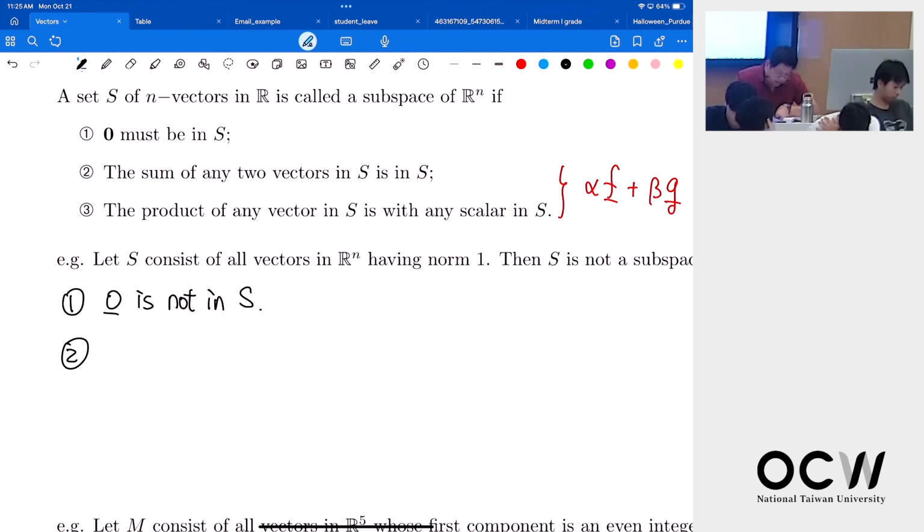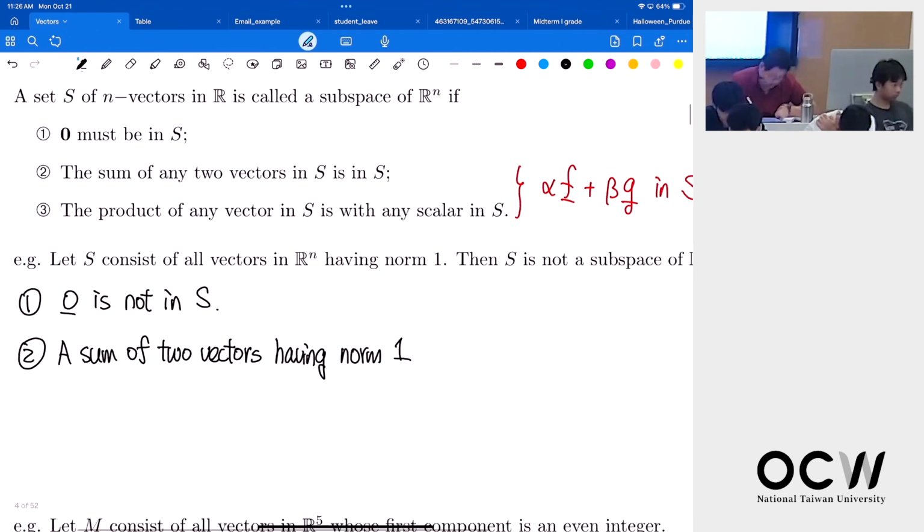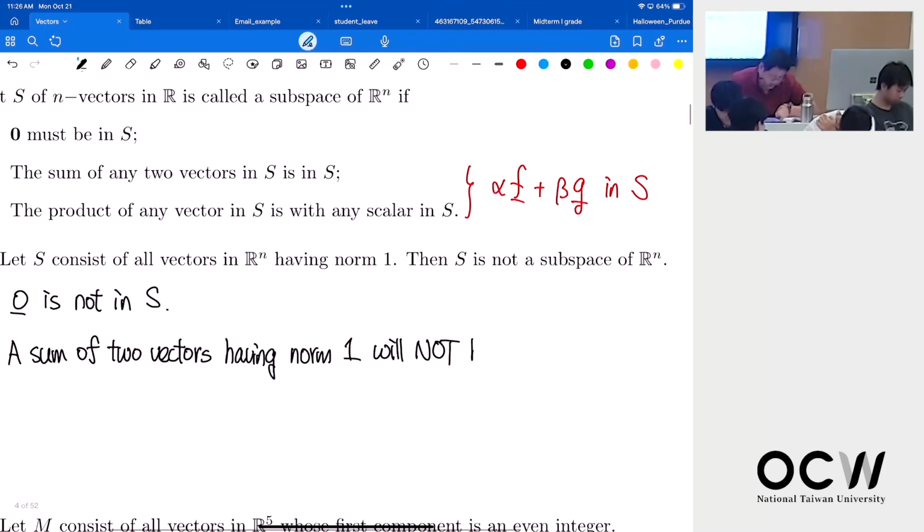Let's see another one. A sum of two vectors having norm 1. Will that also be in S? A sum of two vectors having norm 1 will not actually have norm 1.